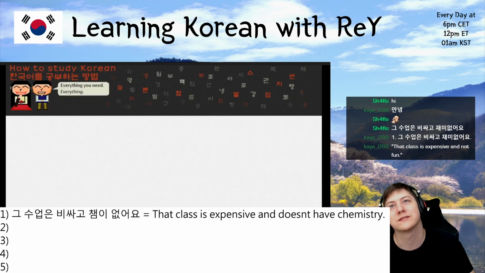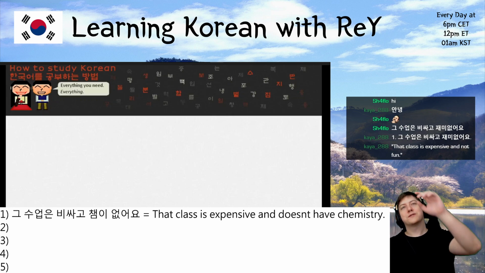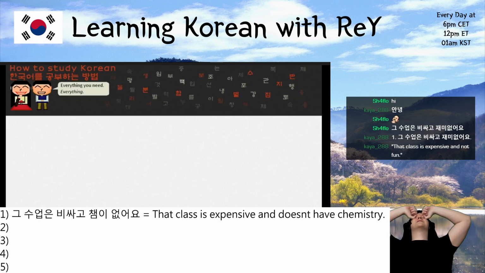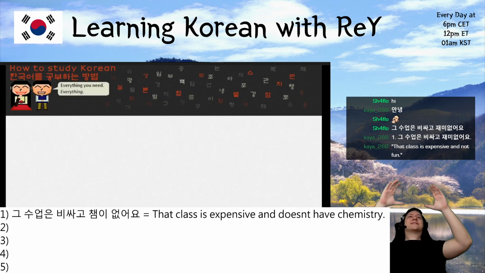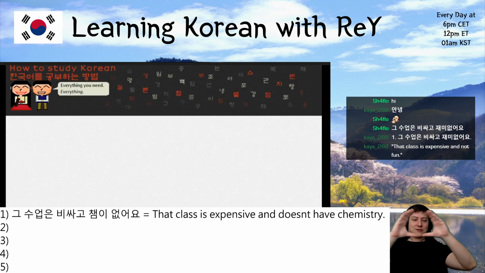Oh, because 있다. Ah, the opposite of 있다 is... Oh my god, I never realized that. I always considered 재밌다 to be fun, interesting, as one single word.